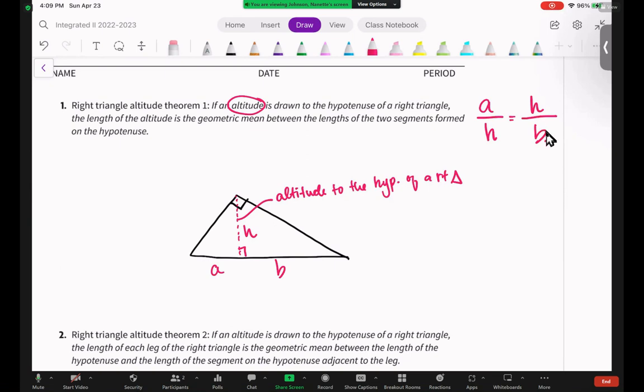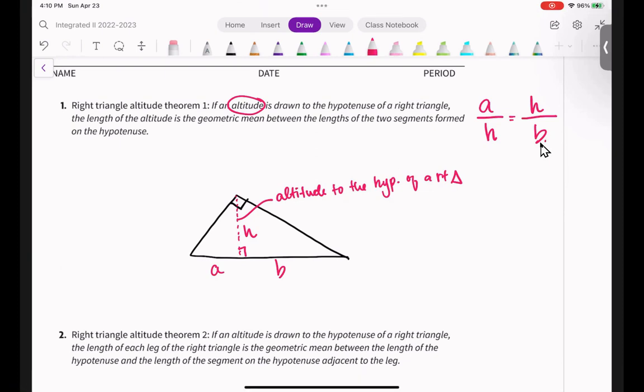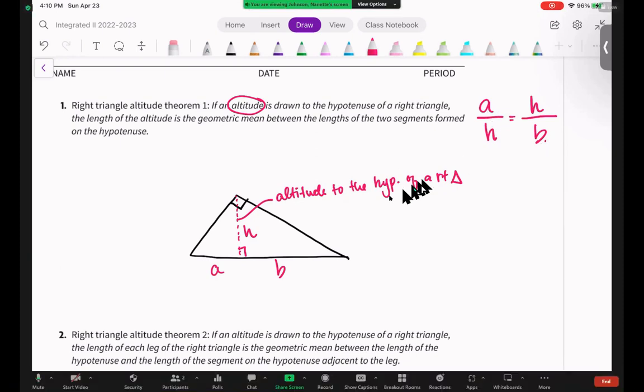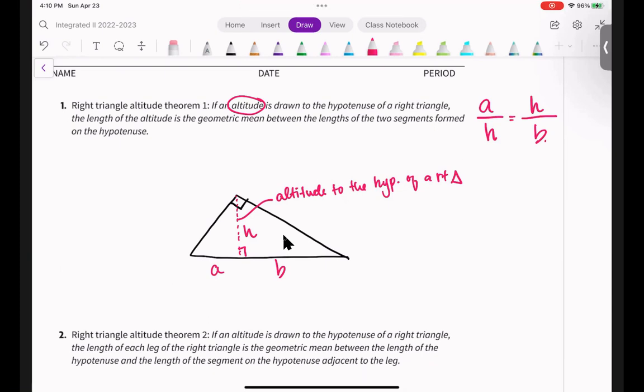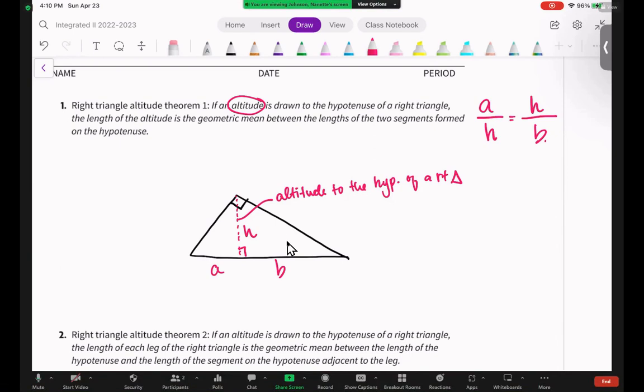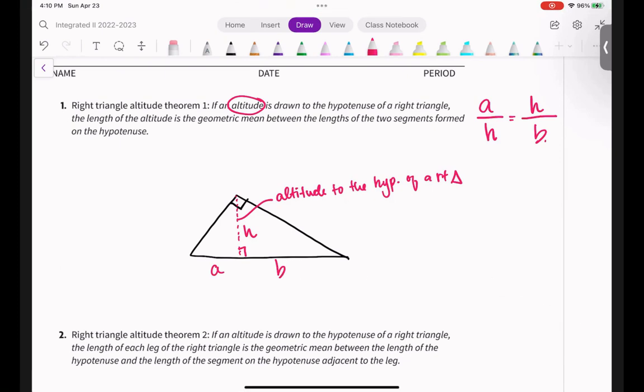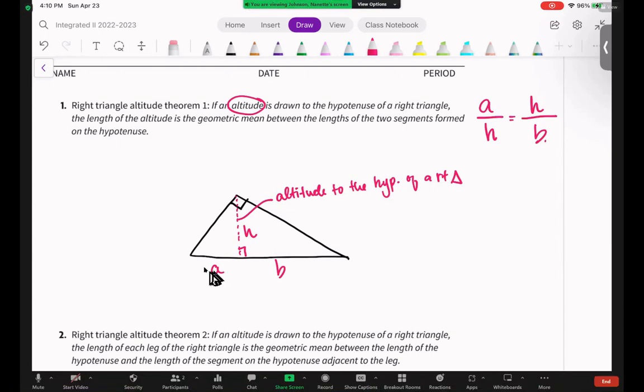And I know you're thinking, okay, like what? So the way I'd help my students remember this is I'd say altitude, altitude, piece, piece. So I want you to remember that these are the pieces of the hypotenuse, the segments formed.